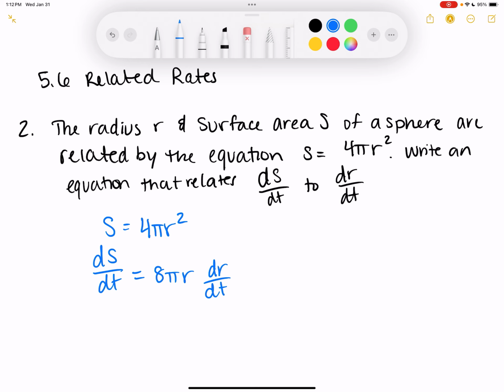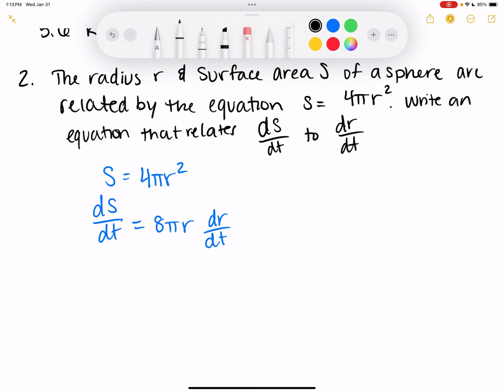So you might end up solving for ds dt, and you have r and dr dt, and you just have to use that to solve for ds dt. So basically right now we're just showing how to find that first step of the derivative, and then when we get into the word problems, they'll be giving us things to plug in. Okay. Or a picture that we pull information from to plug in.